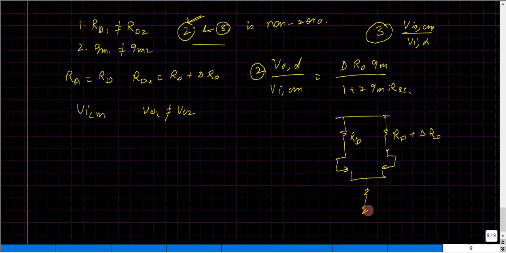So clearly in this case I have a node VP, and because of this difference in the RD resistances, the circuit is no more symmetric. As a whole picture they are not symmetric. And when we apply an anti-symmetric input across this, the assumption that we made before, that the node VP will be driven to ground, is it still valid?